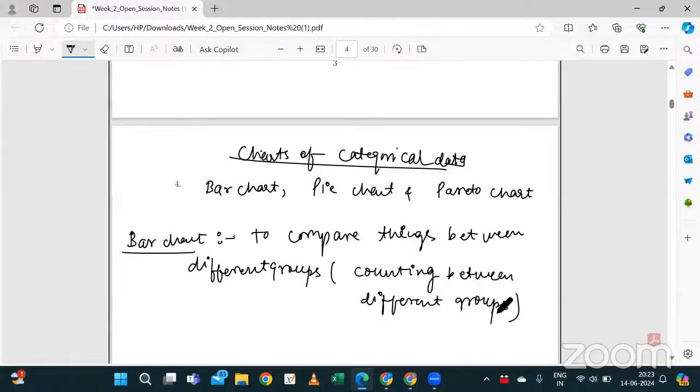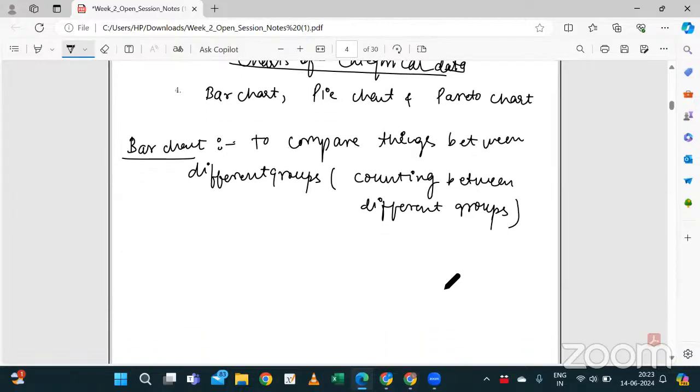All right. So for example, we have to plot a horizontal axis and then a vertical axis, and then we can plot the bar chart. I will plot one bar chart and show you what the case is here. I told you I am interested to know the counting between different groups.